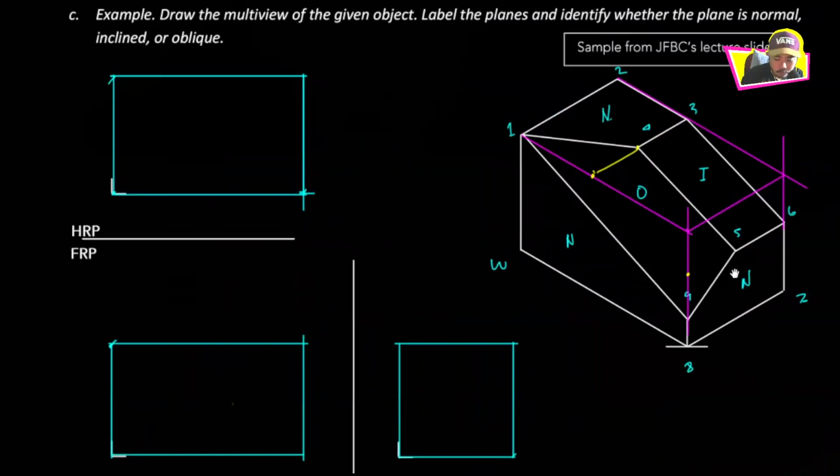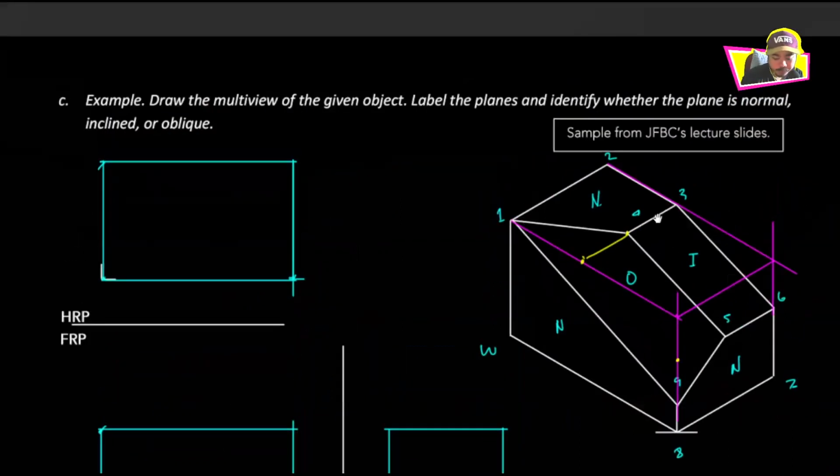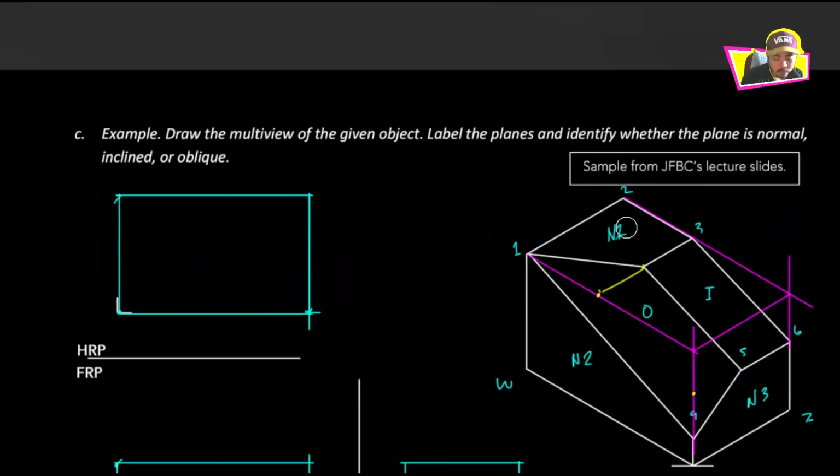Okay, so let's do this first. The easiest to draw is this normal. So let's call this N1. Let's label N1, N2, and N3. So let's draw N1 first. N1 is easy because it's attached to the HRP, the roof of our glass box.